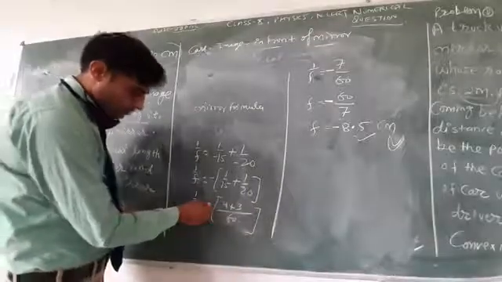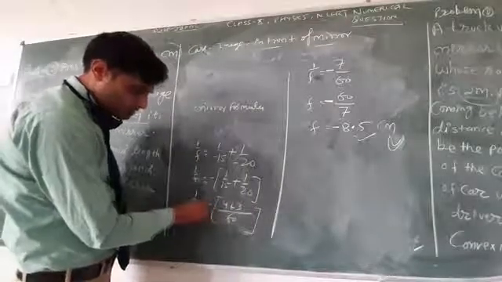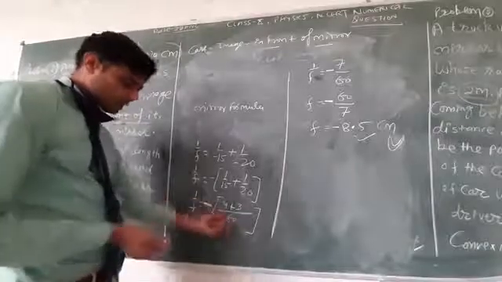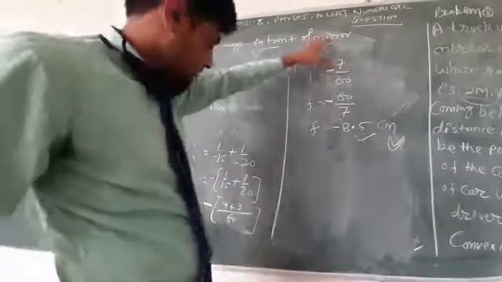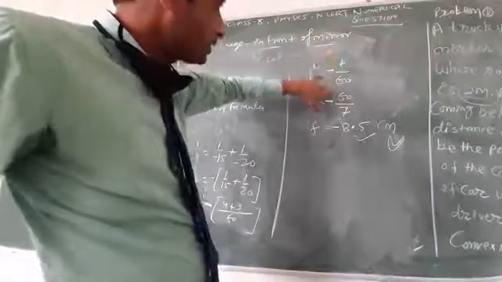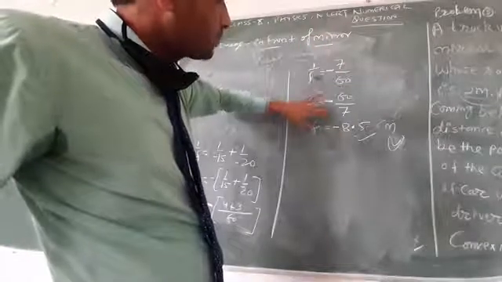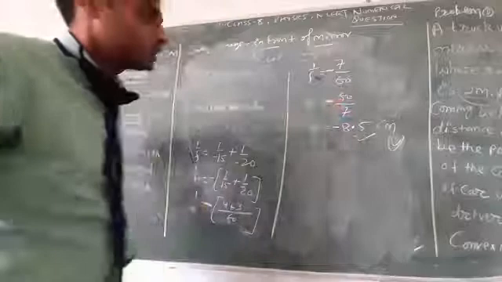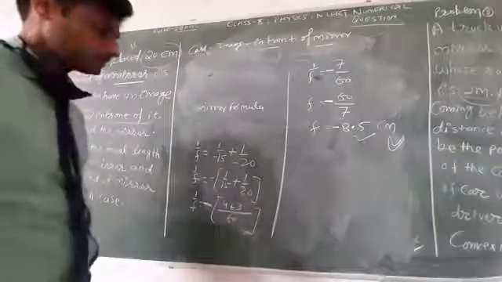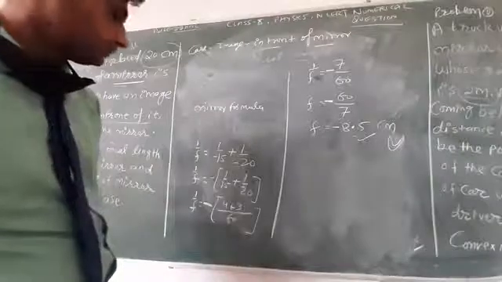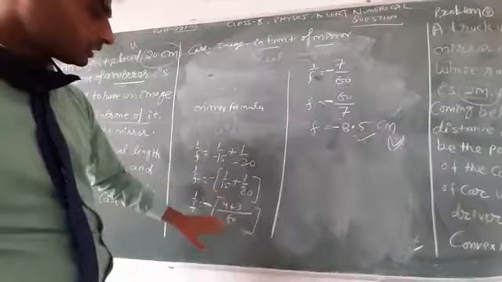Because you have to take this negative sign common. When you solve it, it is 7 upon 60 and F equal to minus 60 upon 7. It means minus 8.5 will come. Okay, understood?